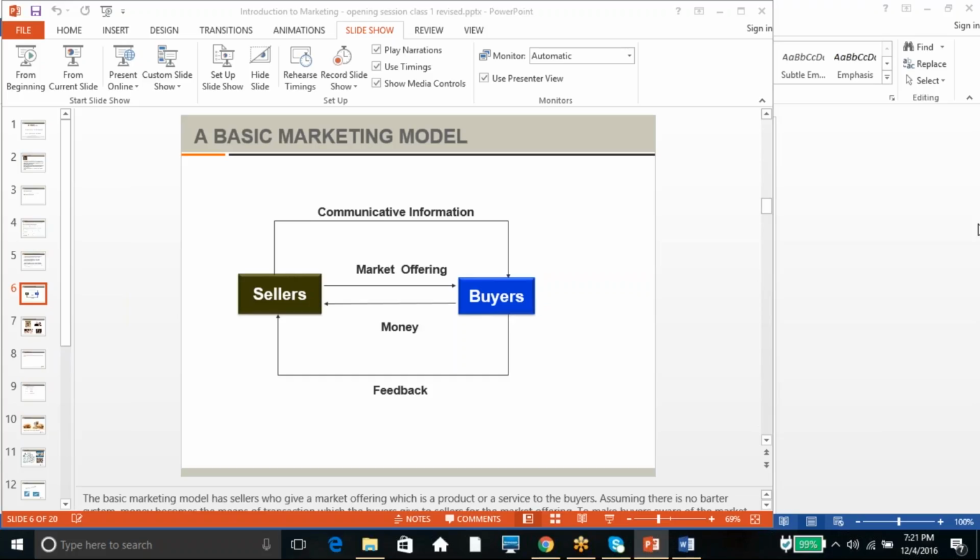And once the buyer has used the product, they give a feedback to the seller to close the loop. Fairly simple. My question here is now, how does the buyer give feedback to the seller?